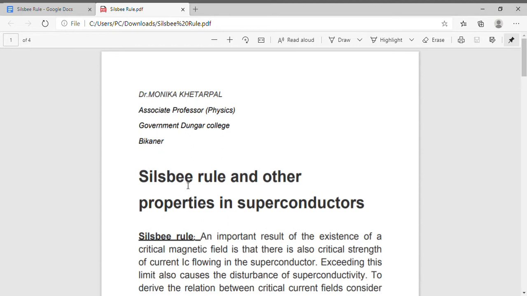Above this current, the material will change into a normal material, similar to the case of critical magnetic field. Above critical magnetic field, the material is normal, and above the critical current, the material is normal. This current is denoted by Ic and it is termed the critical current.